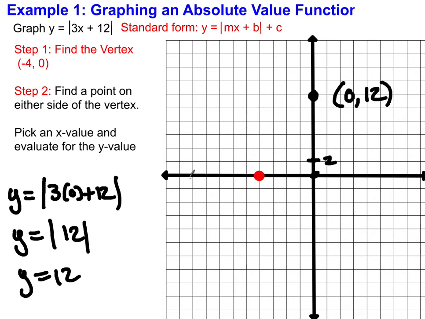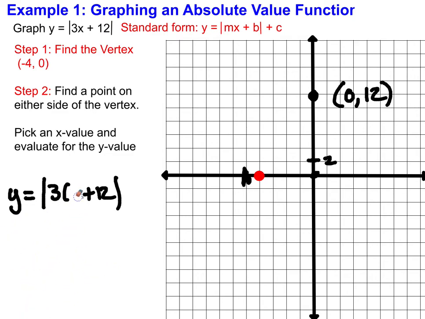Alright, let's plug in a value on this side of the graph and see what it is. Let's just go ahead and plug in this one. This is negative 5. So we're going to plug in x equals negative 5 now and see what we get. So y is equal to the absolute value of 3 times negative 5 plus 12. 3 times negative 5 is negative 15.